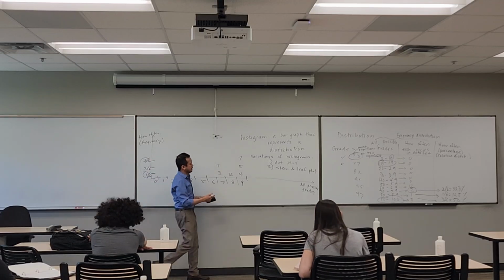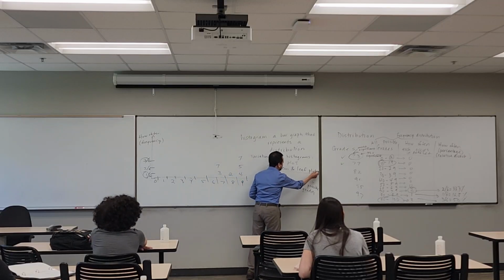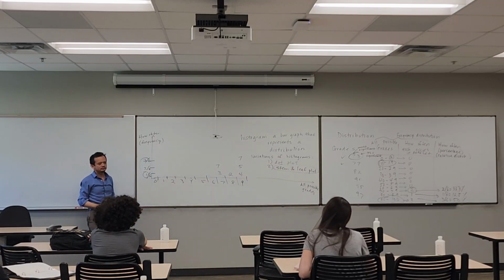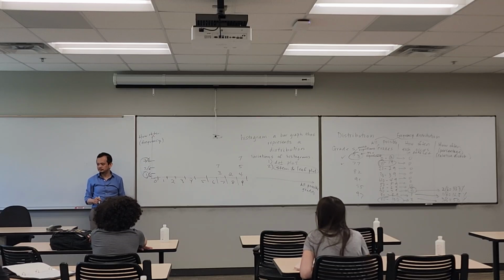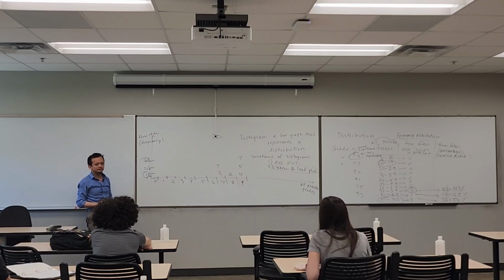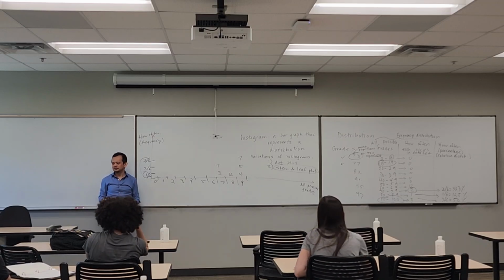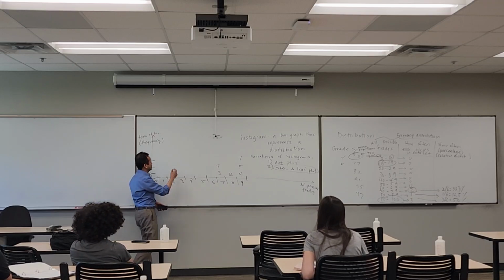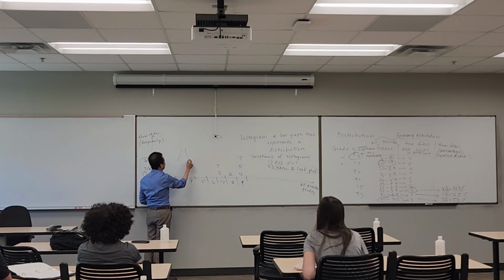Why do you think it's called a stem and leaf plot? The numbers at the bottom are the stems, and the numbers in the center are the leaves of each. Okay, very good. This is an analogy from plants. In a plant, you've got the trunk of the tree or the plant, and then it branches out.